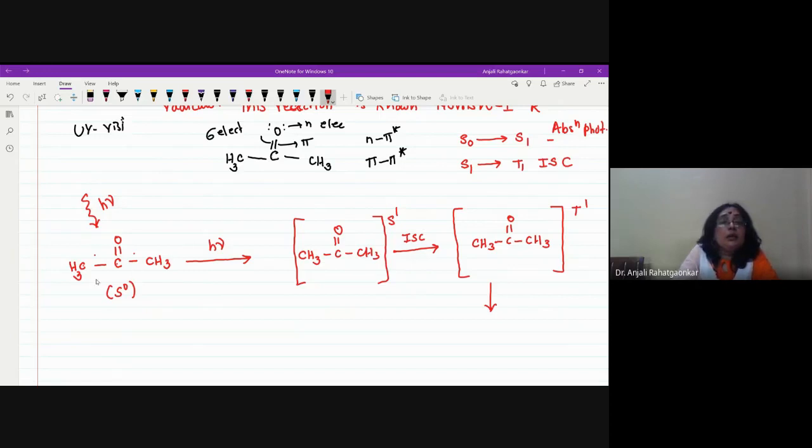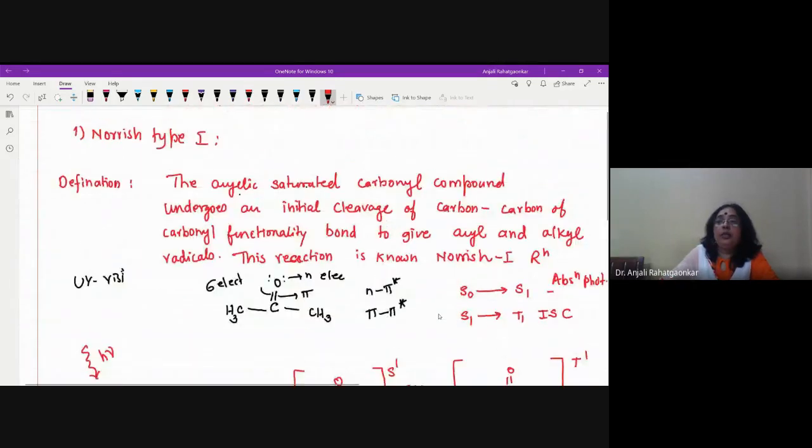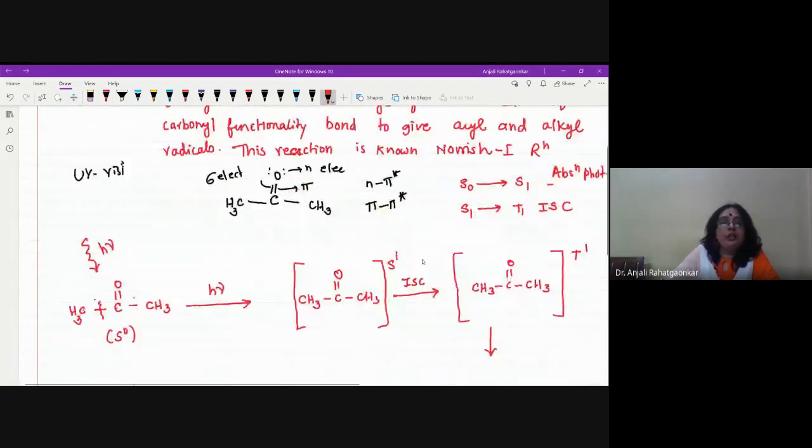There is a bond breaking between this carbon and the carbon of the other group. This is a symmetrical molecule, so I can take any breaking. As I told you, the reaction always proceeds through the formation of free radicals.